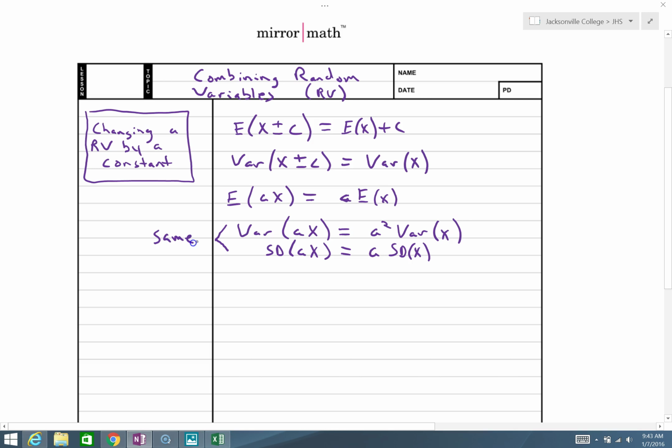Same. One is for the variance and one is for the standard deviation, but as we know, the variance is simply the standard deviation squared. This statement is simply the square root of this one. Okay.